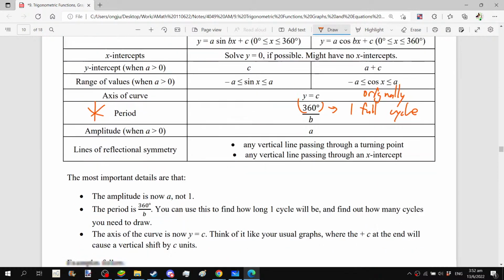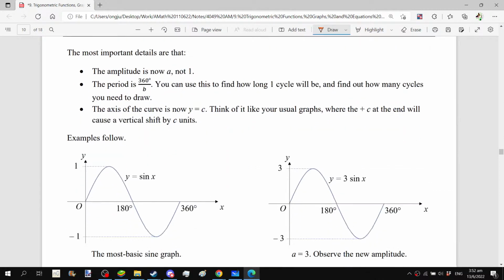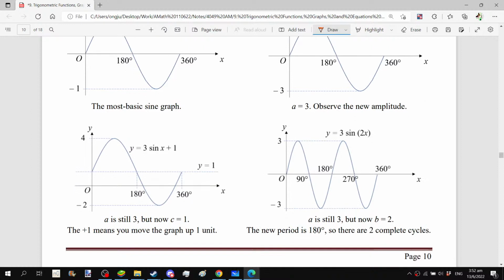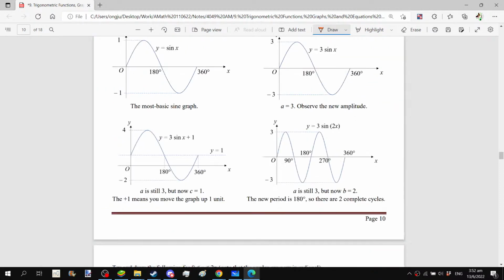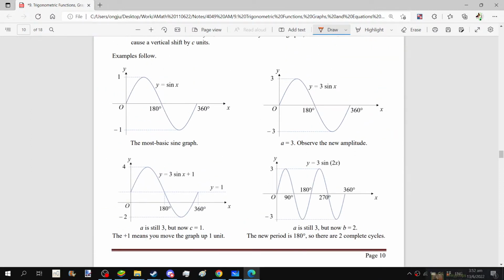So that's what we need to know, and we have a few examples over here, right? You can look at the changes in the amplitude and in the axis, which is marked out for you in dotted lines over here. You can also see how the maximum and minimum values, as well as the y-intercept, might or might not change.